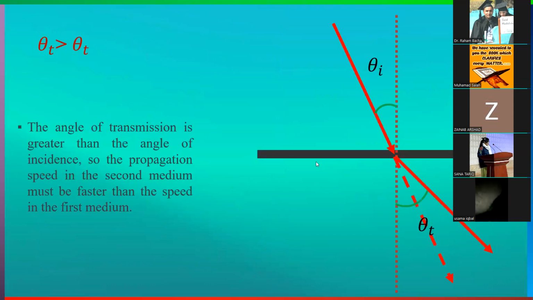Here in this example, you can see this is theta t, and this is theta i. Theta t, meaning angle of transmission, is greater than angle of incidence. That means the speed of sound in medium 2 is greater than the speed of sound in medium 1.